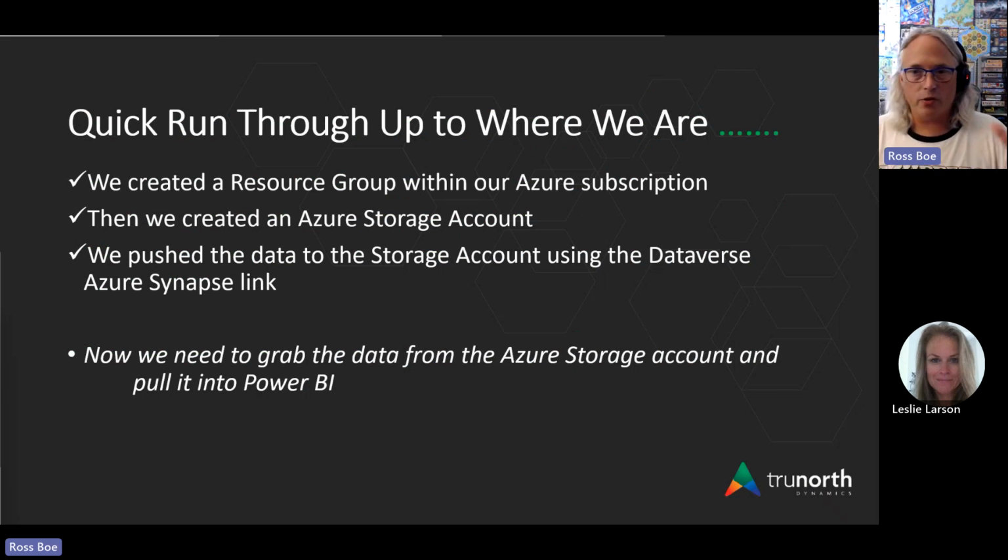So far, we have created our resource account, and we've exported data from Dataverse to that resource account using the Azure Synapse Link feature of Dataverse. So now what we need to do is grab that data out of the storage account and pull it into Power BI so we can create the map that shows us where all of our accounts are.